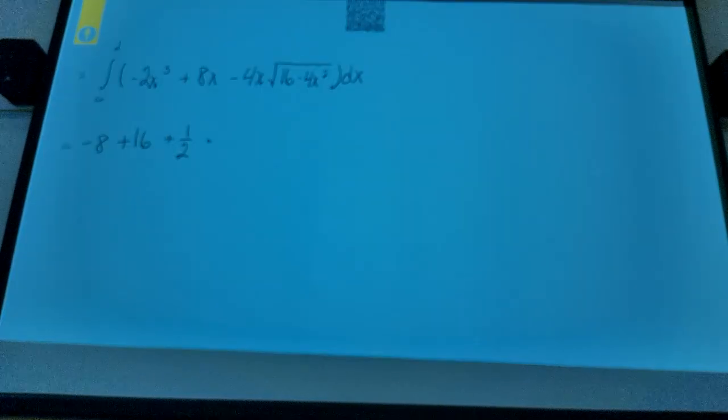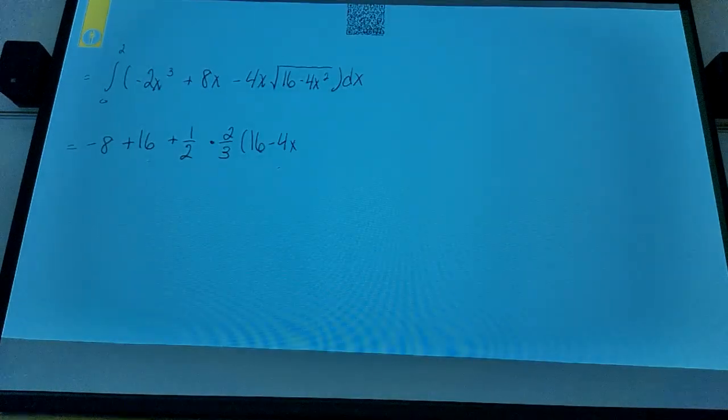That's going to be times 2/3, 16 minus 4x squared, from x equals 0 to 2.